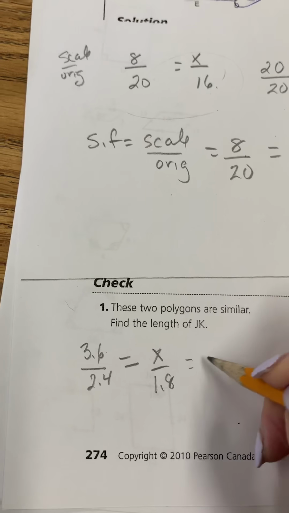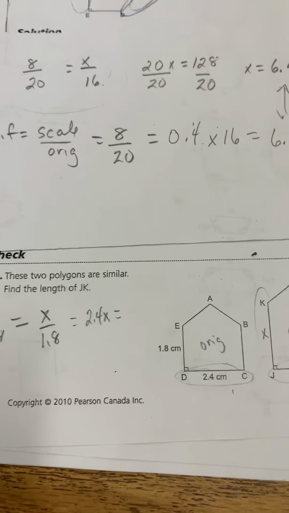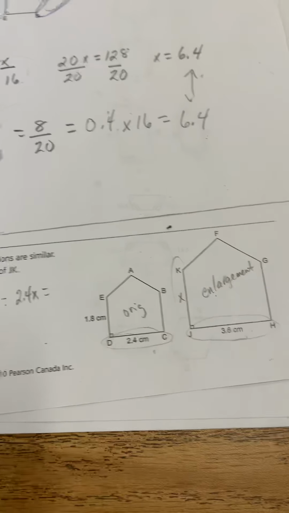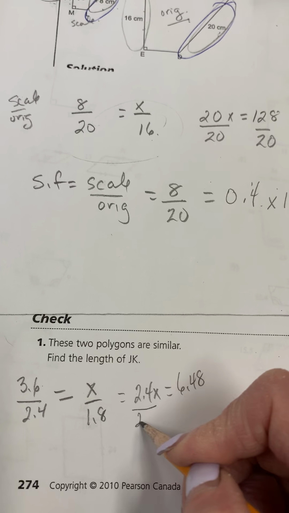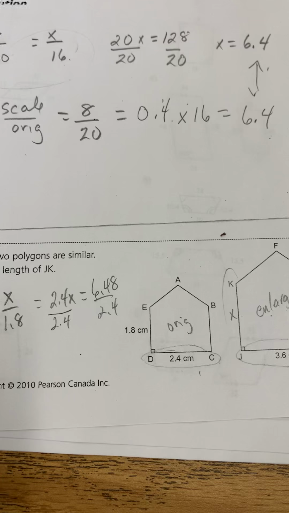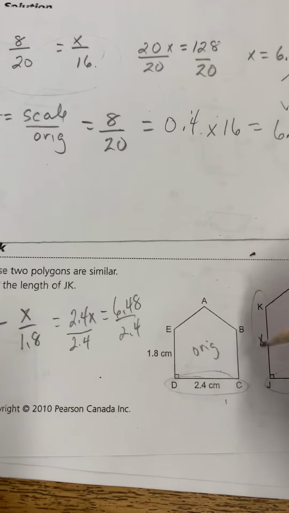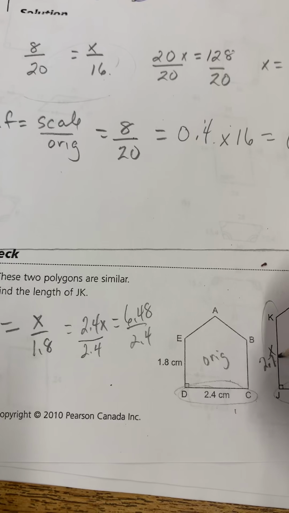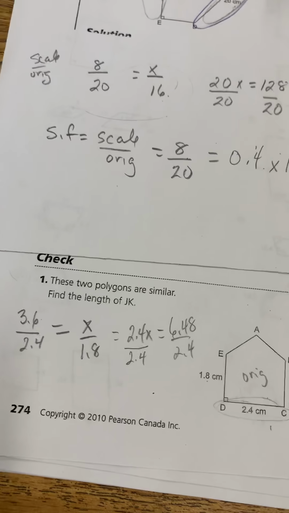I'm going to cross multiply, and you're going to get 2 4/10 X is equal to, you can see I'm doing this live, 6 48/100. How do I get X by itself? I divide both sides by 2 4/10. And you're going to get this. This is 2 7/10 of a centimeter, which makes sense because it's bigger than the smaller one.